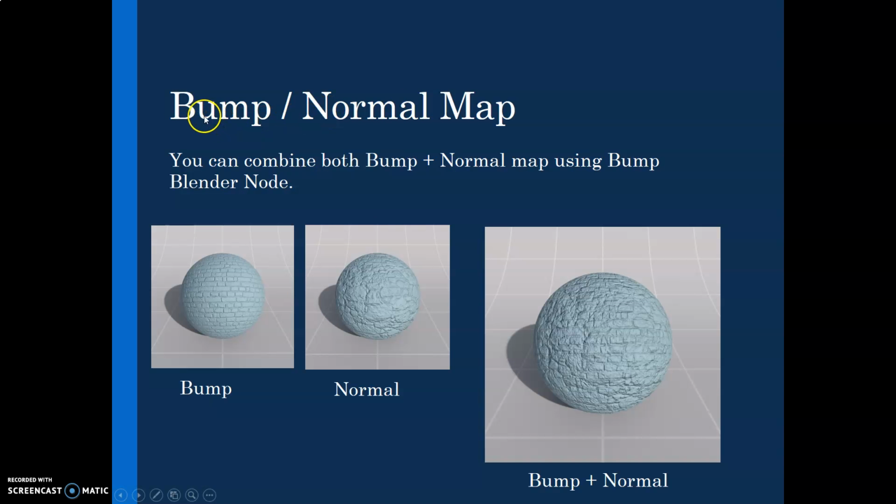Bump and normal map are actually a fake technique, a method to simulate the detail on the object surface. If you look at this closely, the edge is still pretty much flat, because these techniques are both fake.